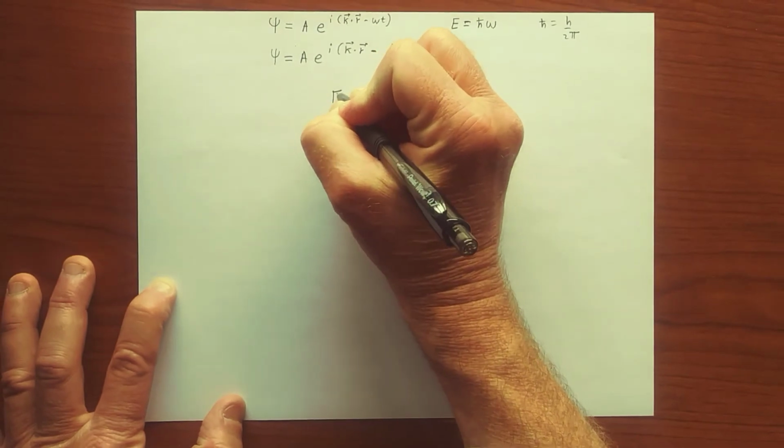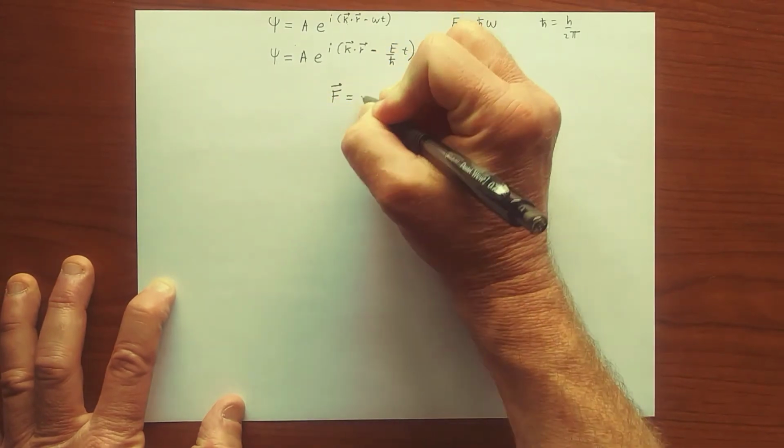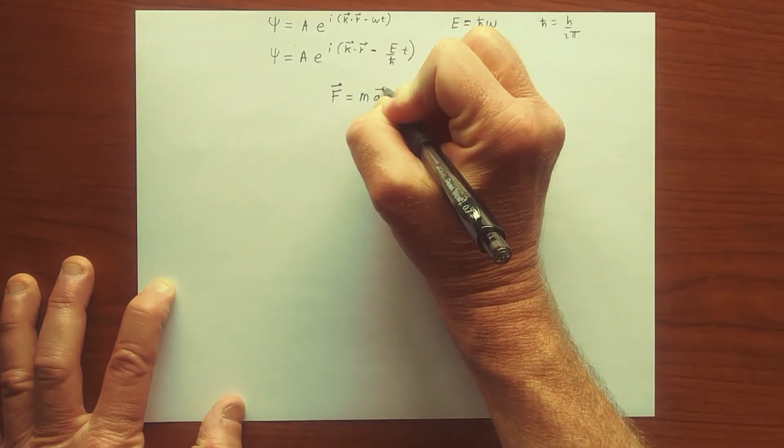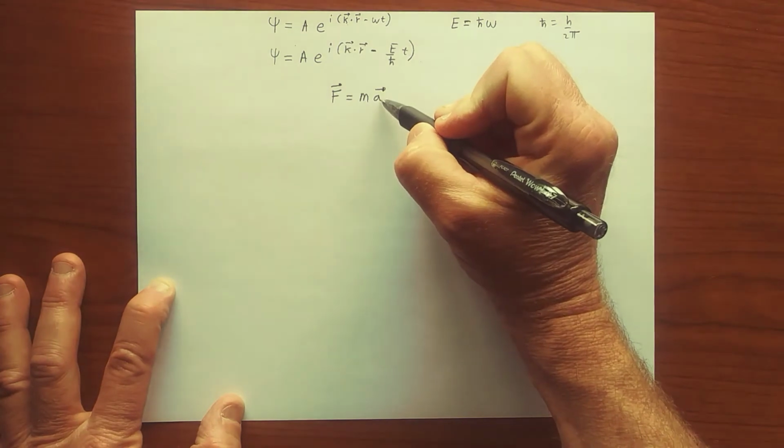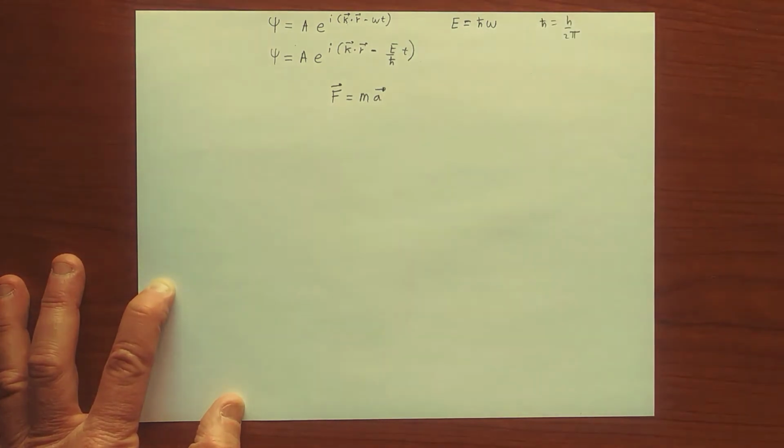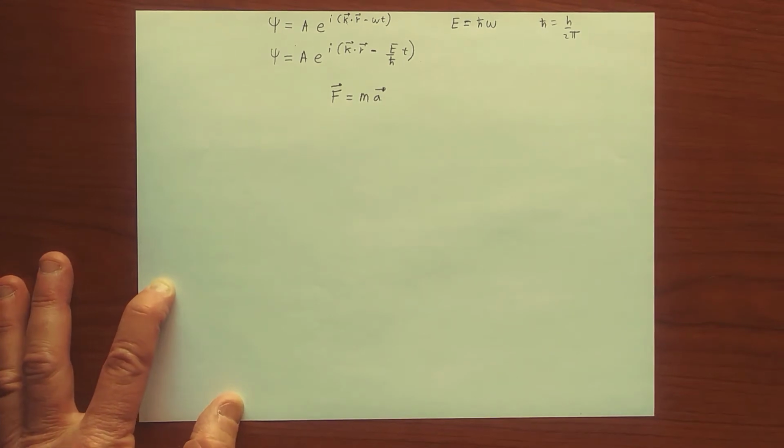If we go back to mechanics and think of F equals ma, that's the equation that governs the motion of an object. There, of course, you solve for the acceleration given the force, and from that you can get the velocity and the position at all times.